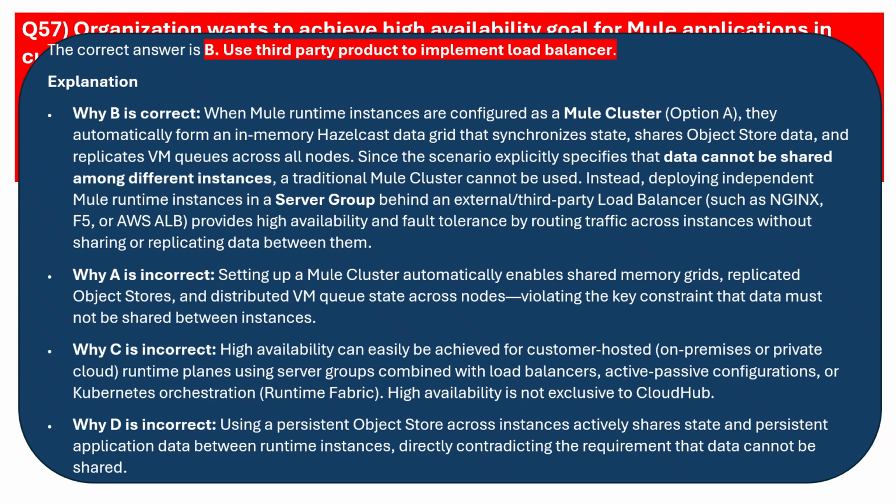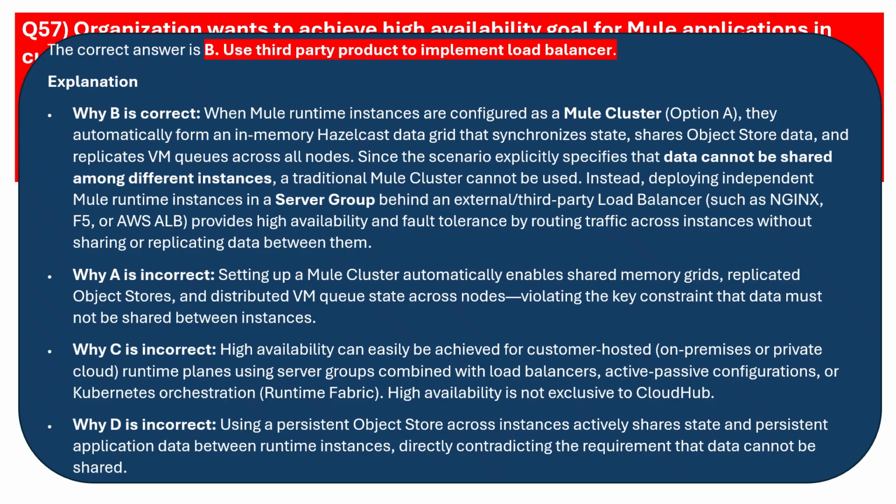Since the scenario explicitly specifies that data cannot be shared among different instances, a traditional Mule cluster cannot be used. Instead, deploying independent Mule runtime instances in a server group behind an external/third-party load balancer, such as Nginx, F5, or AWS ALB, provides high availability and fault tolerance by routing traffic across instances without sharing or replicating data between them.